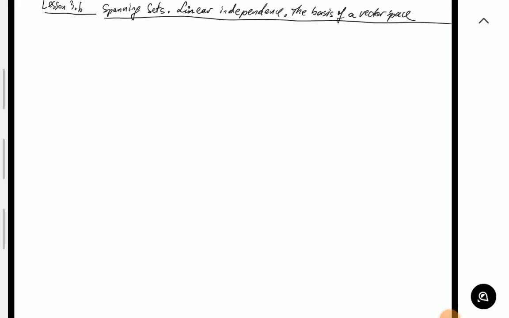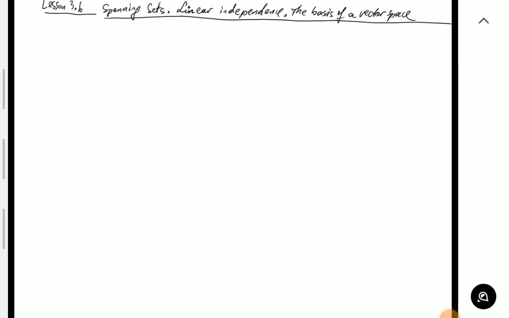Good afternoon. Today we arrive at the central lesson of this one-hour basic introduction to linear algebra. We will talk about a couple of concepts that will culminate with the most important feature of a vector space, which is the notion of a basis of a vector space.